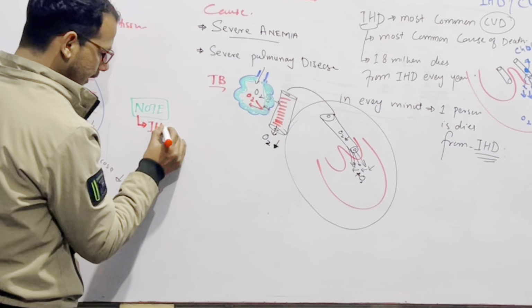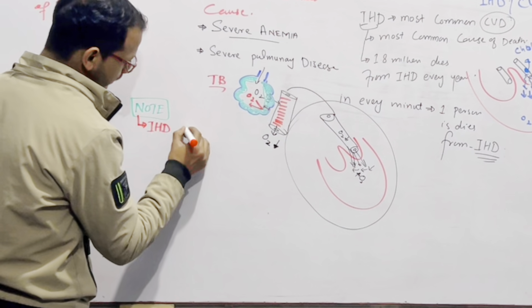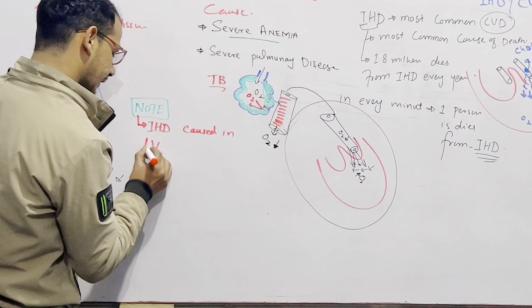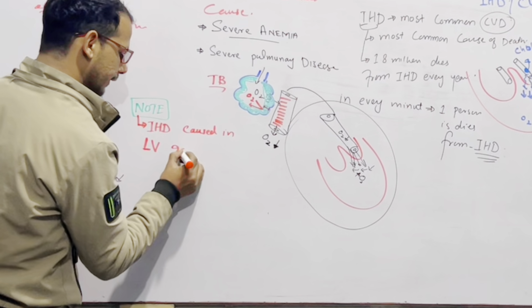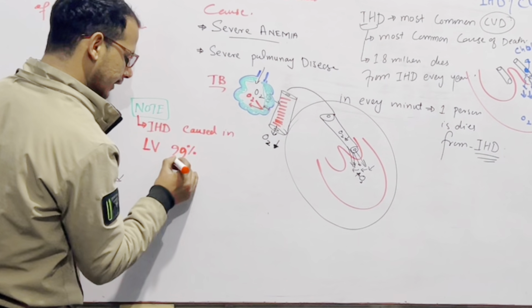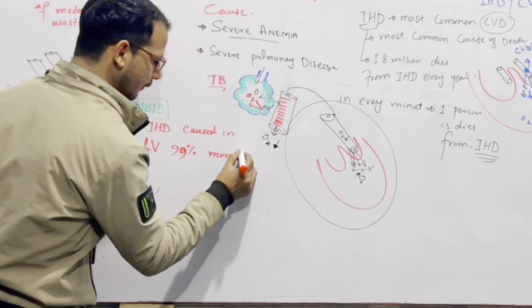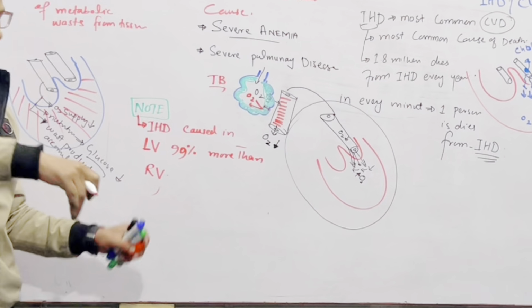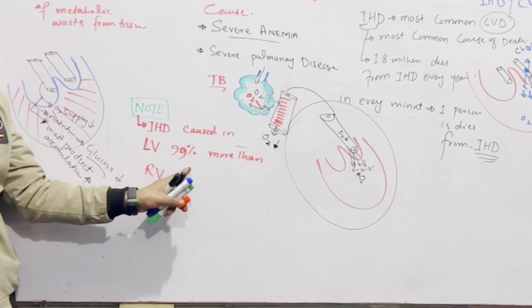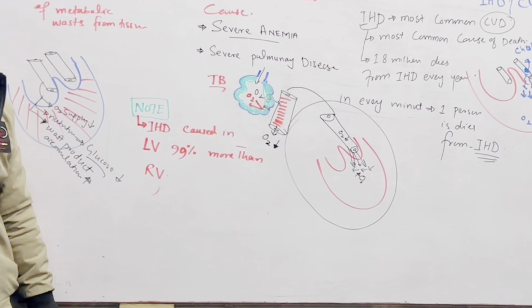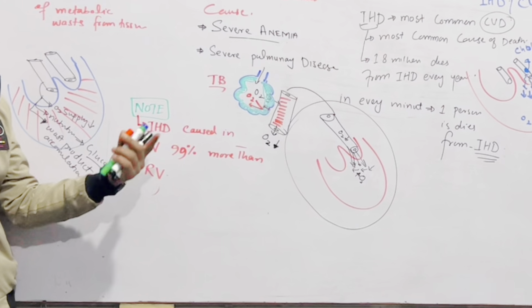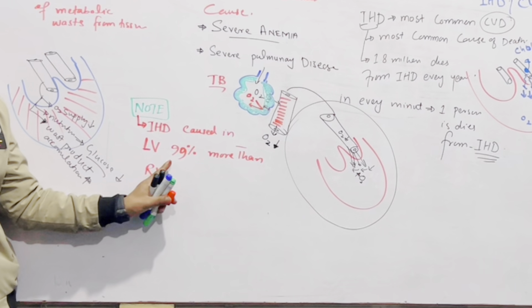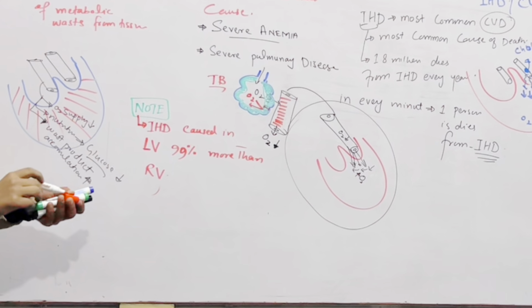Ischemic heart disease is caused in the left ventricle 99% more than in the right ventricle or right heart. It means ischemic heart disease 99% affects the left side, and on the right side it occurs very, very rarely, and there are some reasons behind this point. Now we will discuss these points.